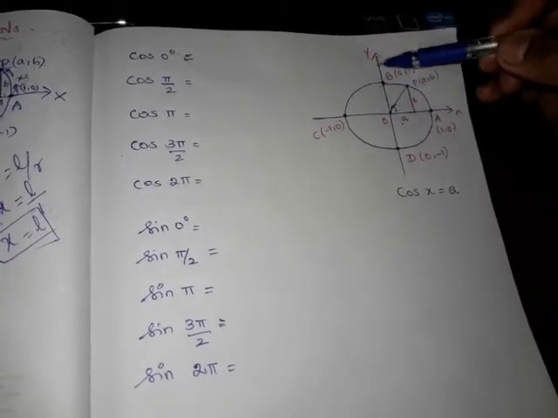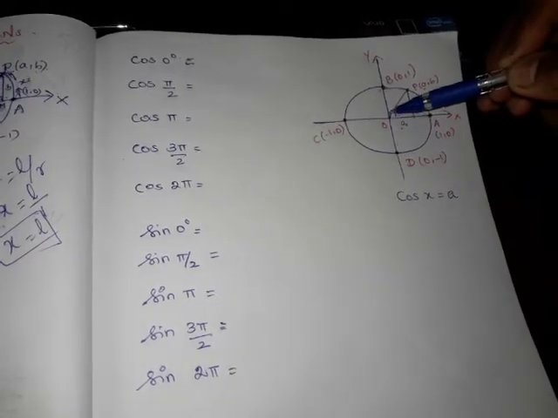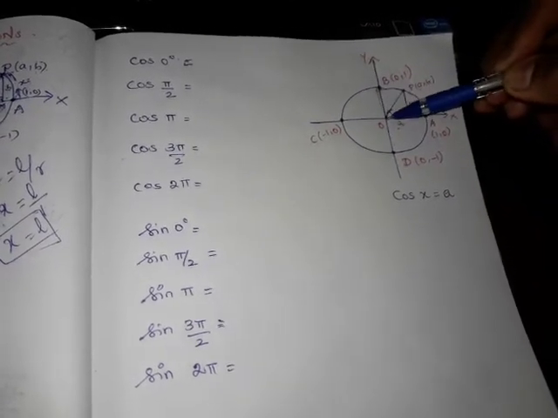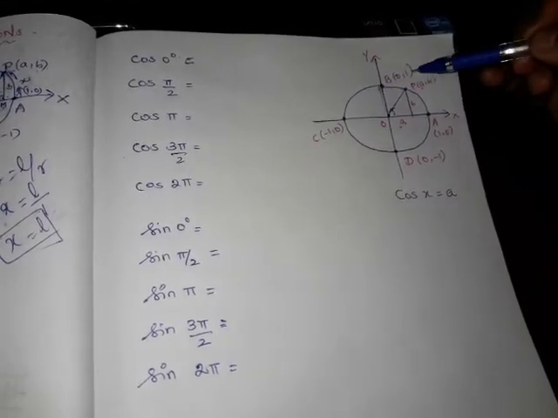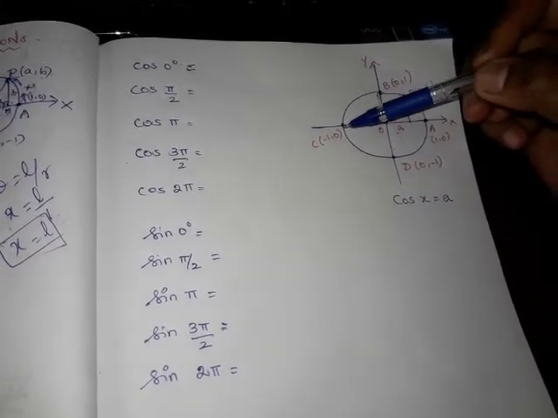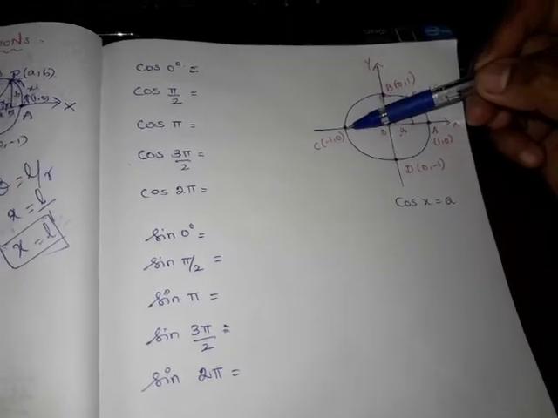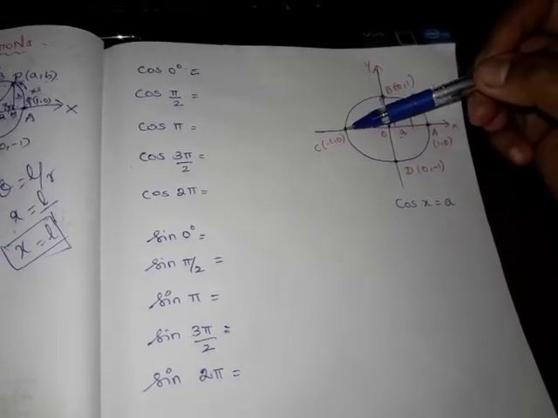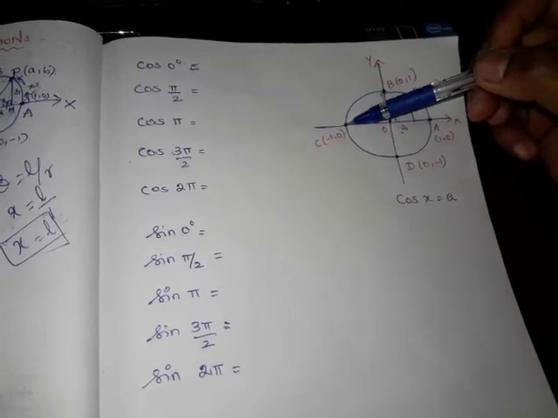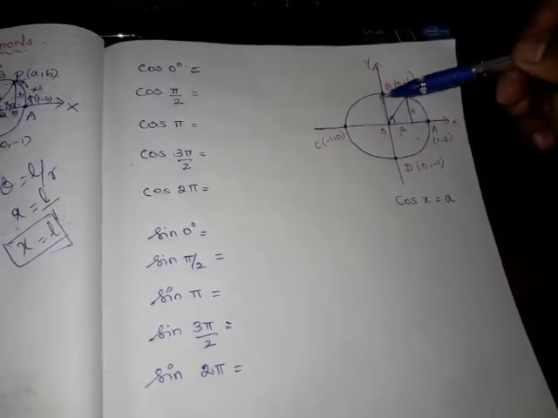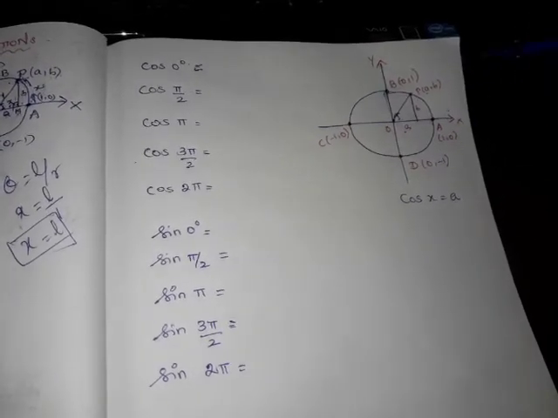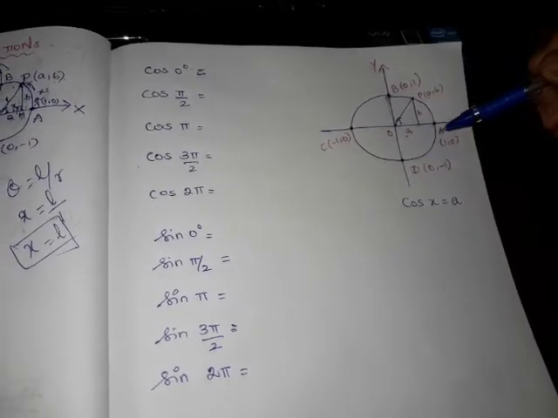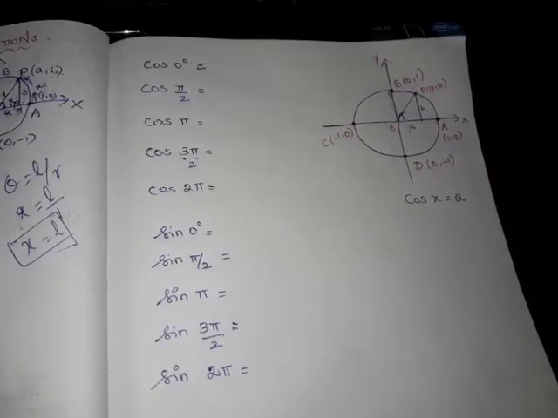B point lies on y axis, and we know this measurement is 1 because radius is 1, and it lies on y axis, therefore x value will be 0. So 0, 1. What about this C point? C point lies on x axis and we know this is -1, therefore -1, 0. And D point lies on y axis negative side, therefore 0, -1. So now we obtained all the coordinates of A, B, C, D, right?